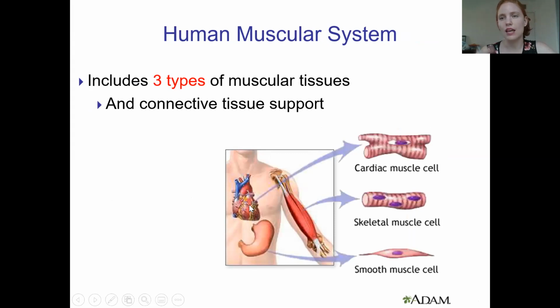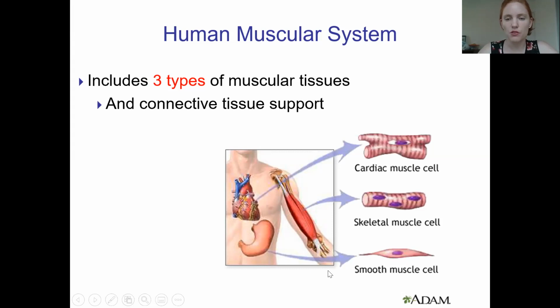And what they do is they contract to coordinate pumping the heart, which moves blood throughout the body. Then we have smooth muscle tissues, which are found in hollow organs such as the stomach, the small intestine, also found in blood vessels for regulating the diameter of the blood vessels to regulate blood flow, and things like in the bladder, any of those hollow organs, uterus, those places too.